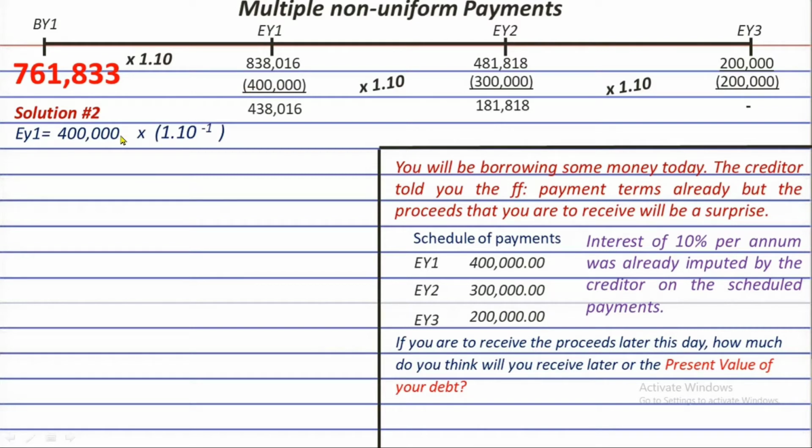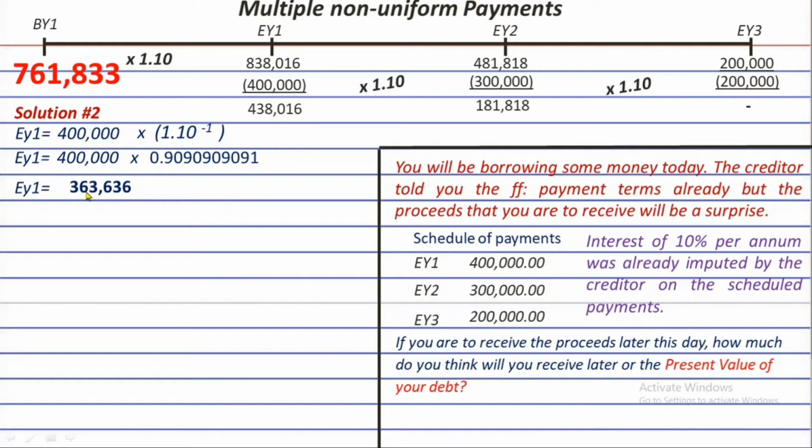So again, n is negative 1. So 400,000 times this, and if you're going to calculate this, you will get 363,636. So you can check that on your own if you want to.